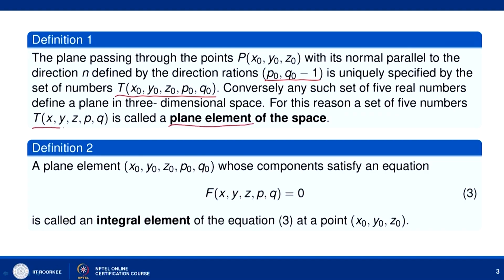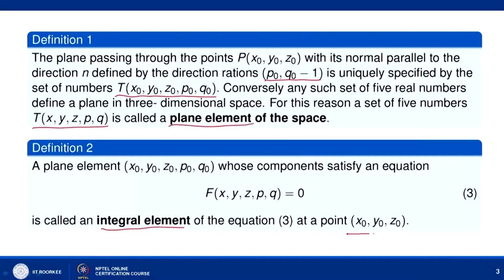Now, a plane element whose components satisfy an equation f(x, y, z, p, q) = 0 is called an integral element. It means that if a plane element satisfies the partial differential equation f(x, y, z, p, q) = 0, then we call this plane element an integral element.